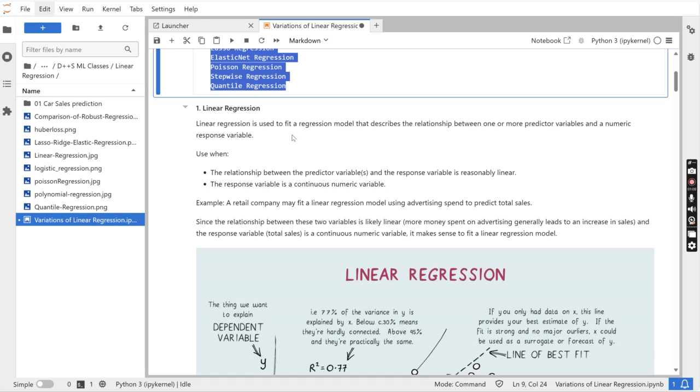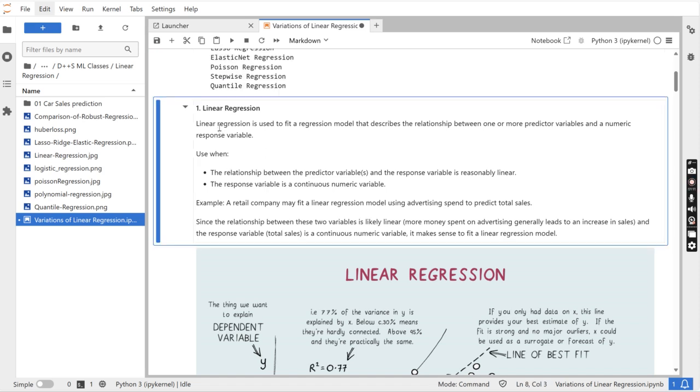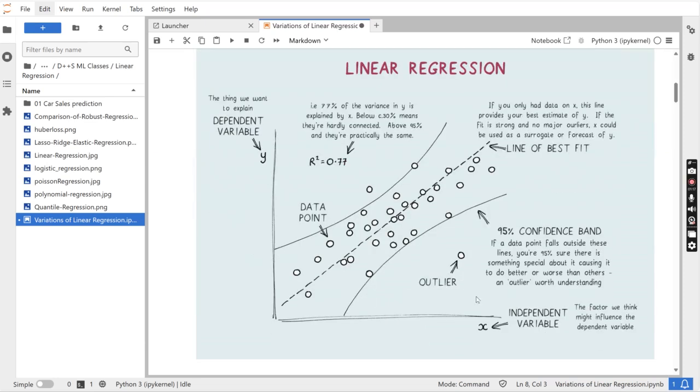Linear regression is where you just directly go ahead and see that the relationship between the dependent variable and independent variable is linear in nature. That is, if you take a scatter plot, the data is distributed like this, and your job is to fit a line that best describes the maximum amount of variance.